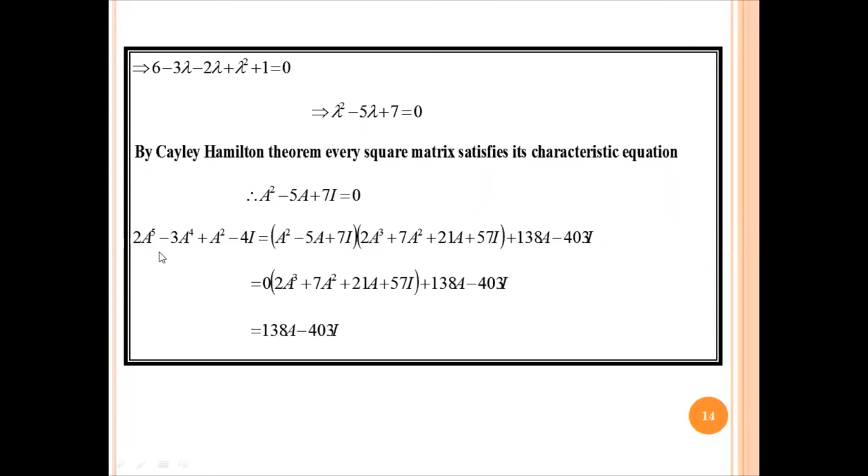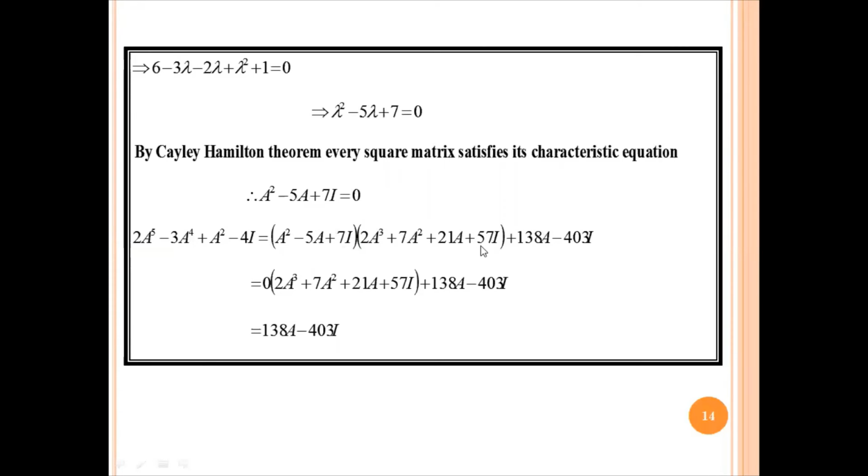2 into A power 5 minus 3 into A power 4 plus A square minus 4i. This can be written as, right? So we have to split the term in terms of this, because we can substitute this value as 0, no? That's why we are converting this like this. Right? So plus remaining terms, this into this. After multiplying these two and adding, we'll get this one.